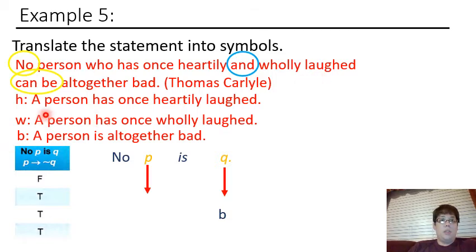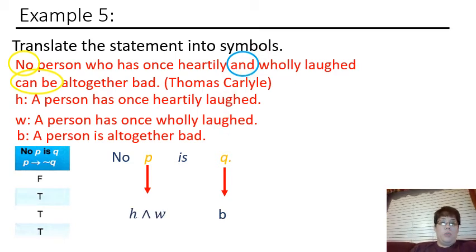Okay, so a person has once heartily laughed and a person who has wholly laughed. And so I'm going to use that and to combine those. So in this case, I have H and W.